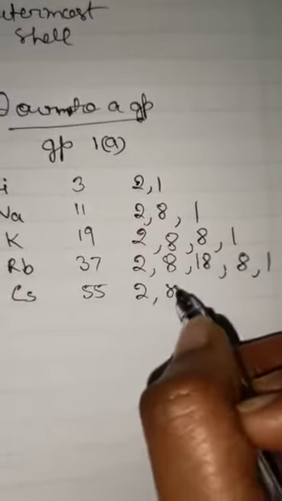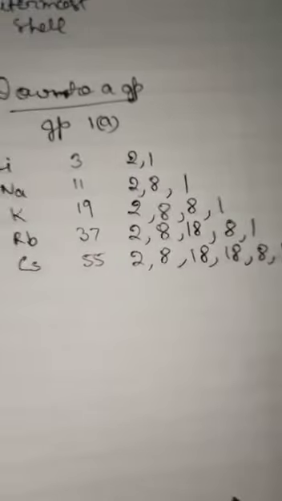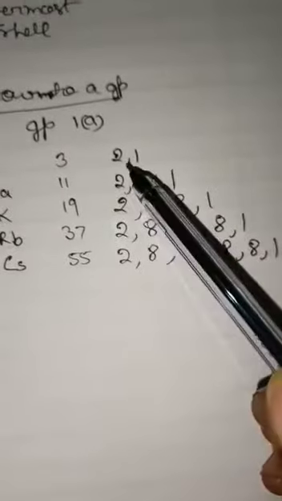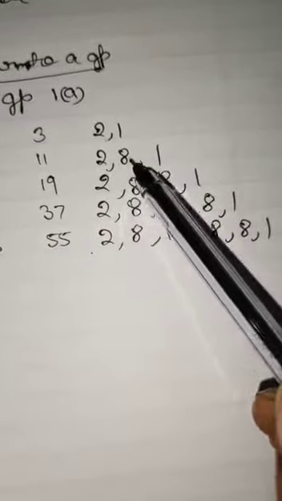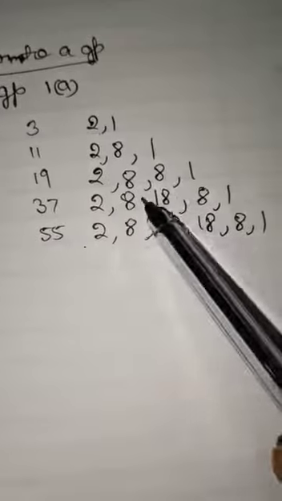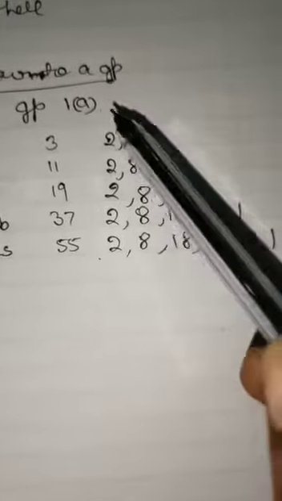So what you will see, when we are going from top to bottom in a group, the number of shells is going to increase. You can see here 2 shells, here 3, here 4, then 5, then 6. So due to the increase in the number of shells, the atomic radius will increase.